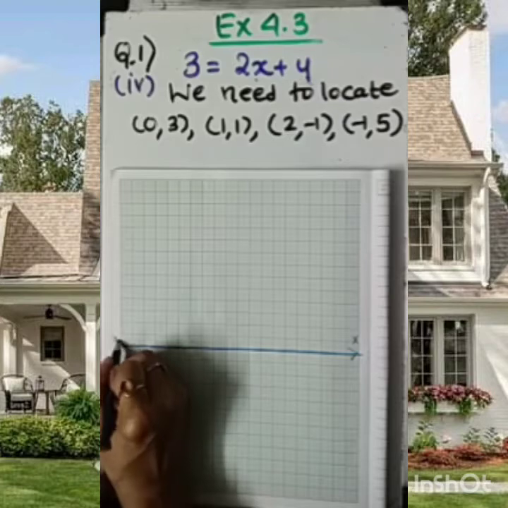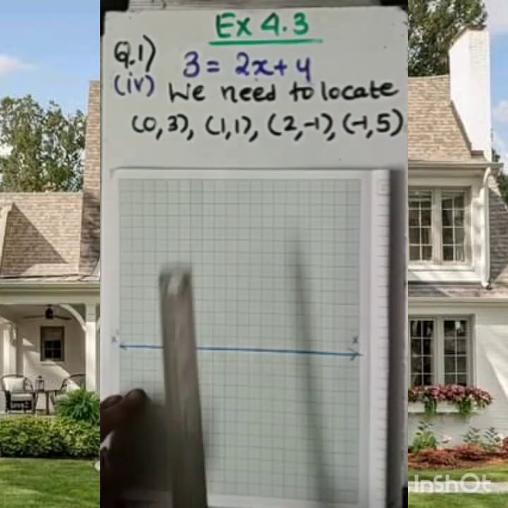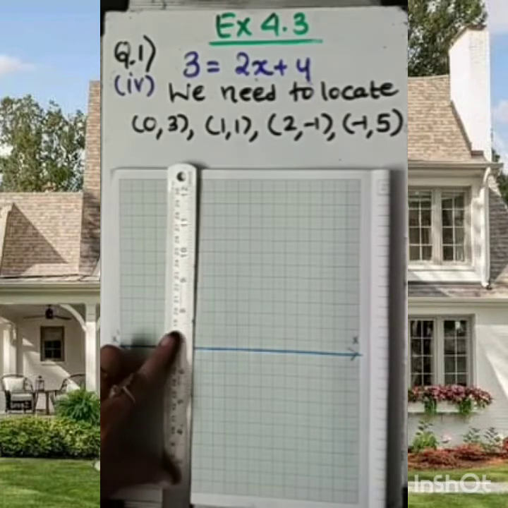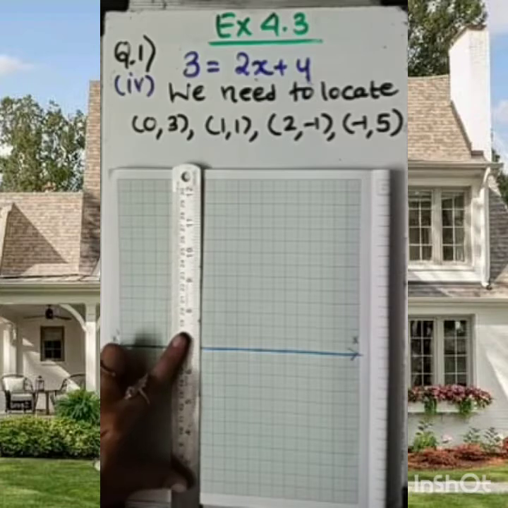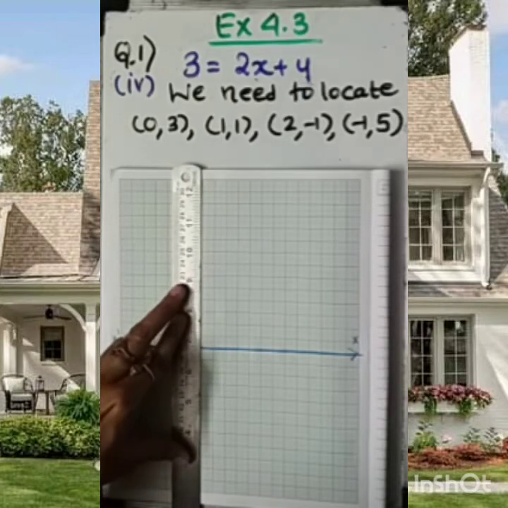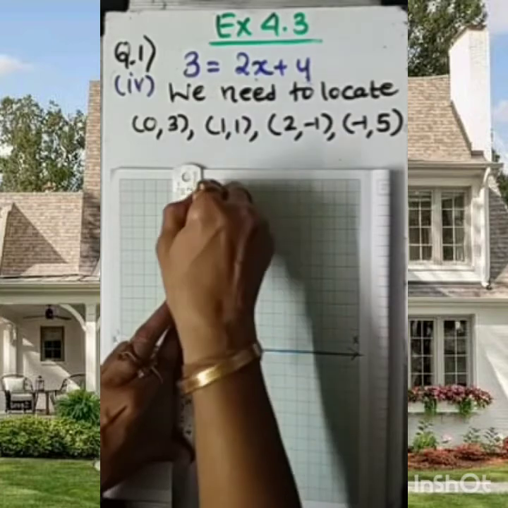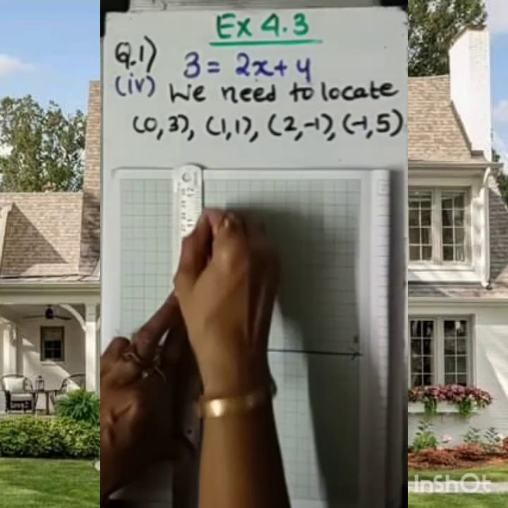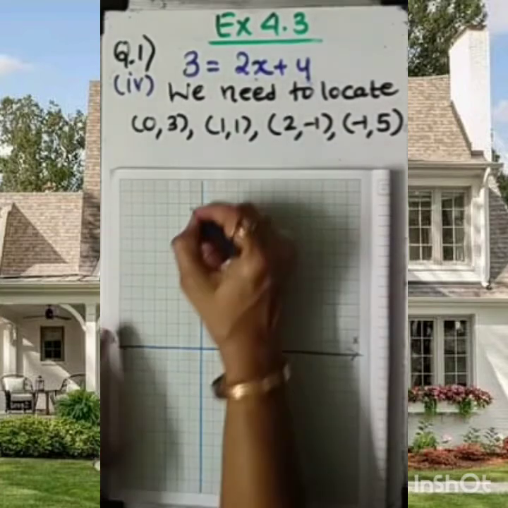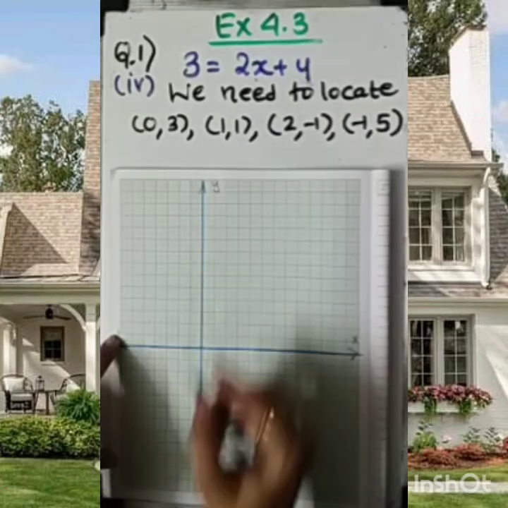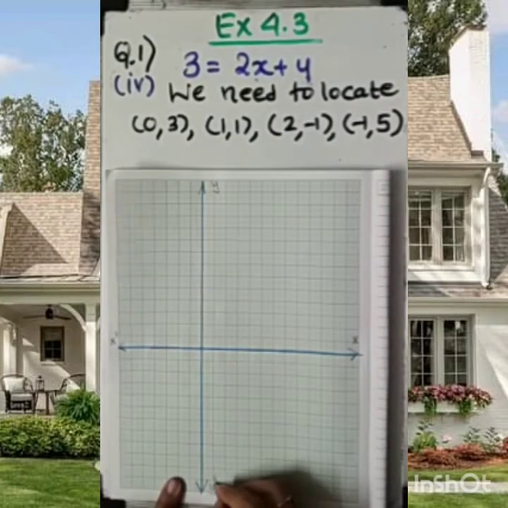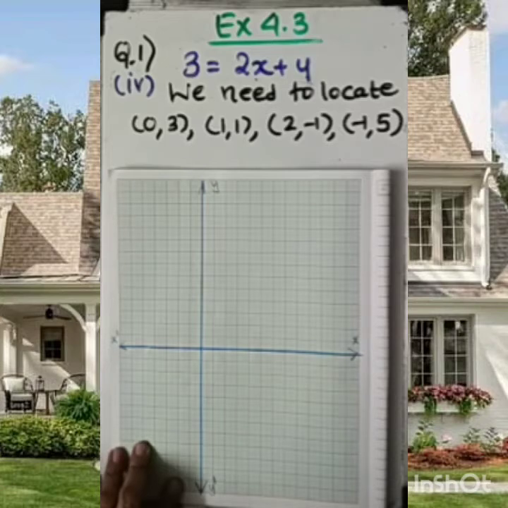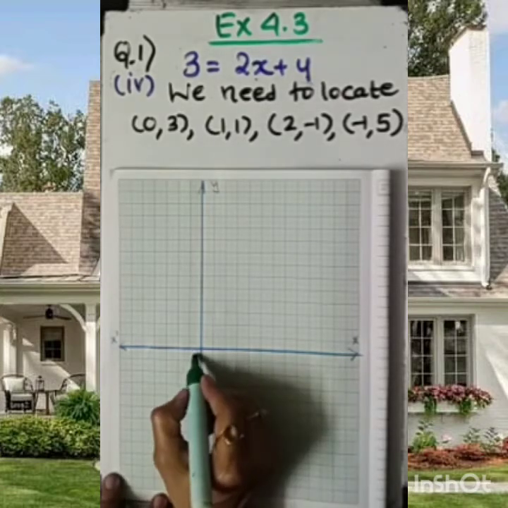This is the x dash axis, and one vertical line also I am drawing here, somewhere so that all the required points should be covered. That we call the y-axis, and this is the y dash axis. Dear student, you know very well the intersecting point of both of these lines is called the origin.